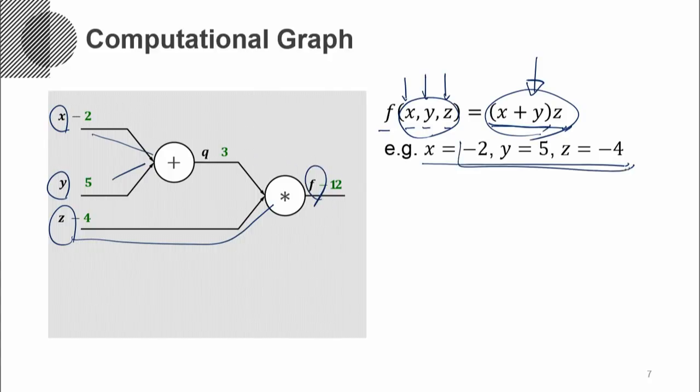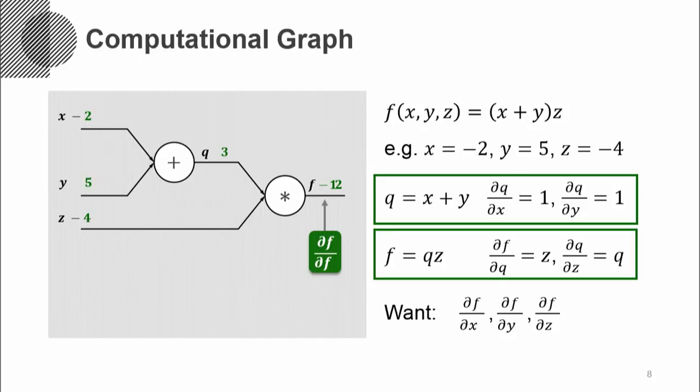And given this particular value, we can compute all these intermediate values in this computational graph. And let's think about this definition for these intermediate nodes. So in this case q is computed by this sum, and f can be represented by q times z.